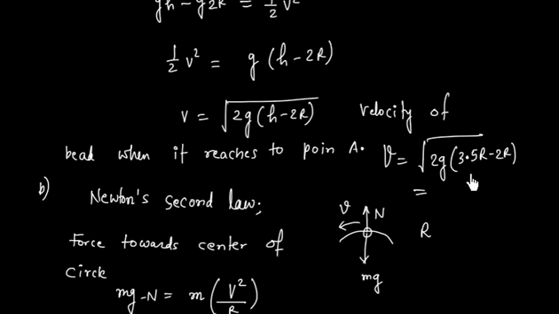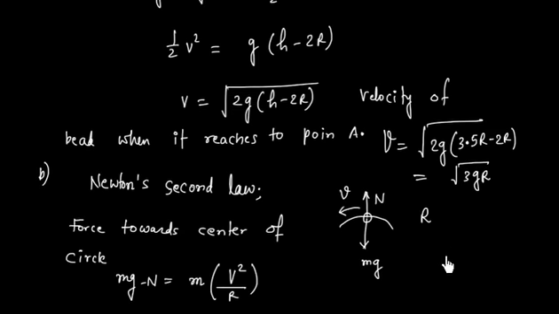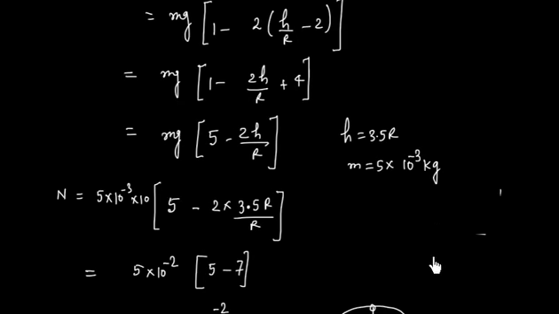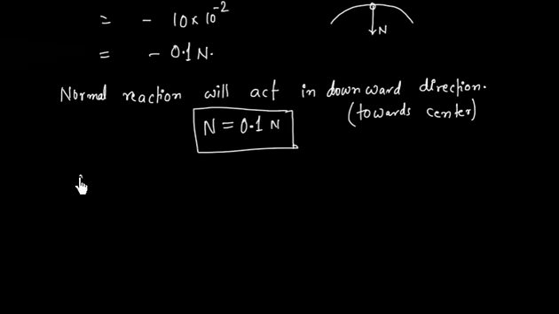So this becomes 1.5 into 2, so 3gr. So velocity is square root of 3gr. So velocity at the highest point A is equal to square root of 3gr.